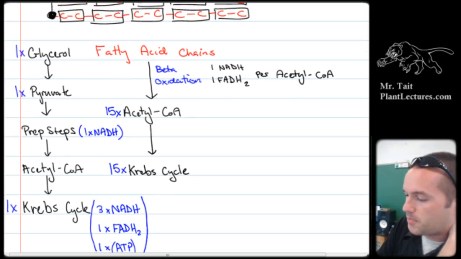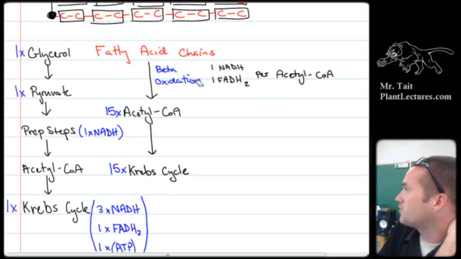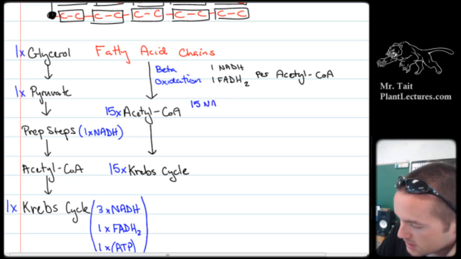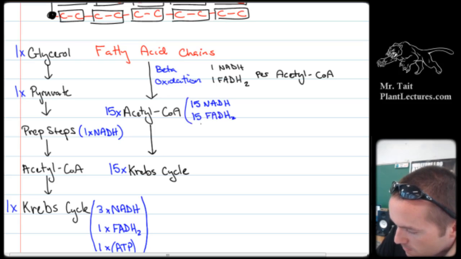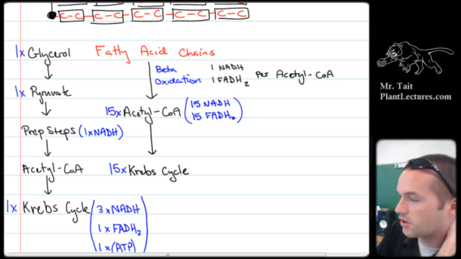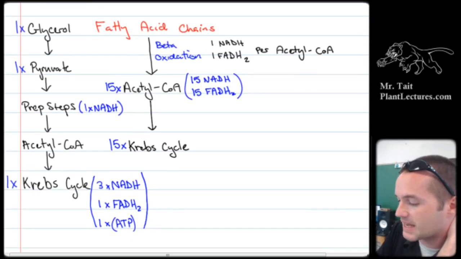So when we produce these 15 acetyl-CoA through beta oxidation, we're going to make 1 NADH and 1 FADH2 per. Right? So that means that we're going to make 15 NADH and 15 FADH2. Then we're going to go through the Krebs cycle 15 times.